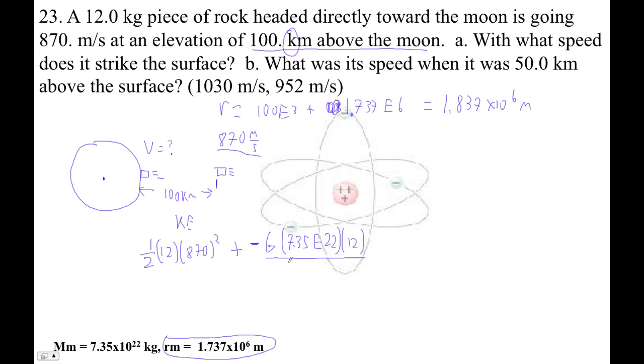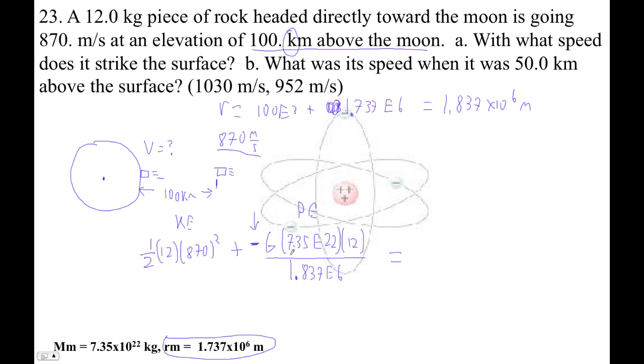So that's what we put in here. Remember, it's just r, it's not r squared, because these are the energy formulas, right? Okay, so this is our potential energy. Remember, don't forget that all gravitational potentials are negative, and that's G. This is not, of course, 9.81. This is our 6.67 times 10 to the minus 11th, right?